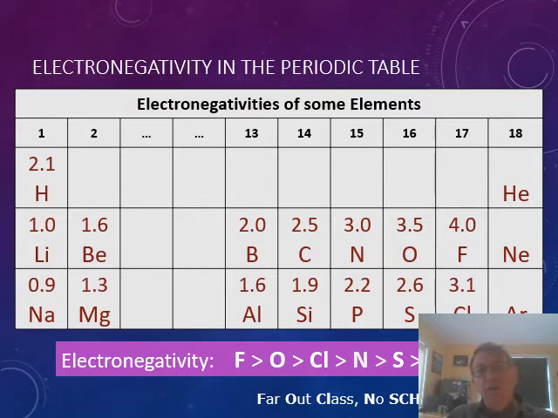So we start with the biggest one in group 17, and then it goes fluorine, oxygen, chlorine, nitrogen, sulfur, carbon, hydrogen. An easy way to remember that is quite appropriate at the moment. Far out class, no school.